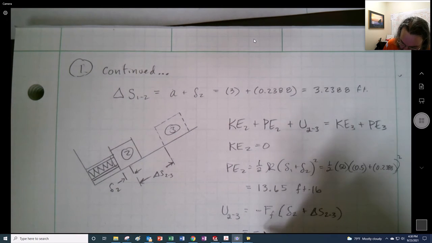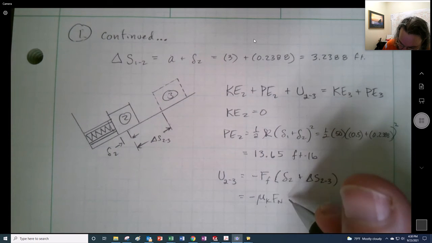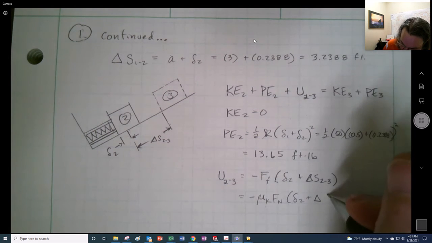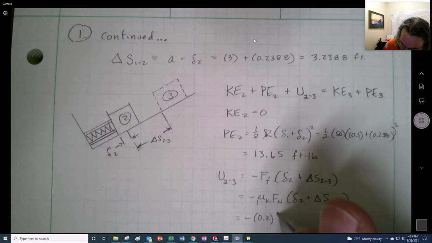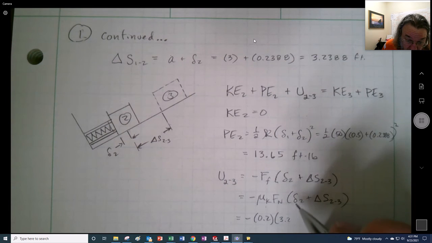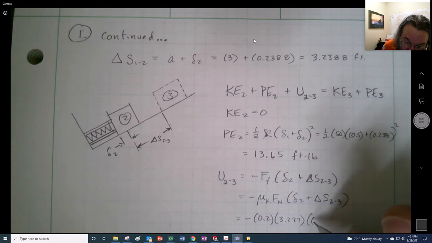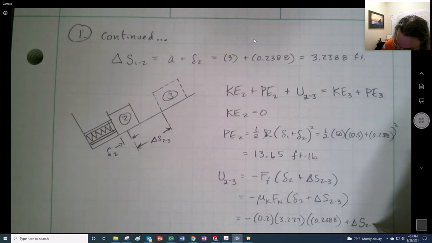K F N del 2 plus delta S 2 to 3, and then we stuck in this minus 0.2 times Fn, which we got is 3.277, and then a del 2, which we know to be 0.2388, and then plus my delta S 2 to 3.